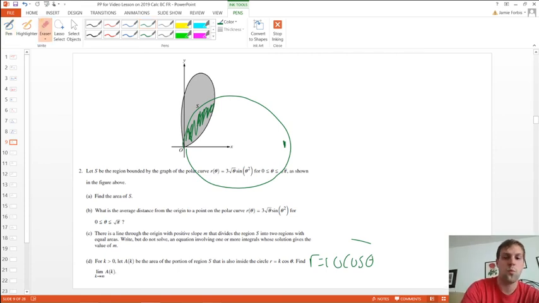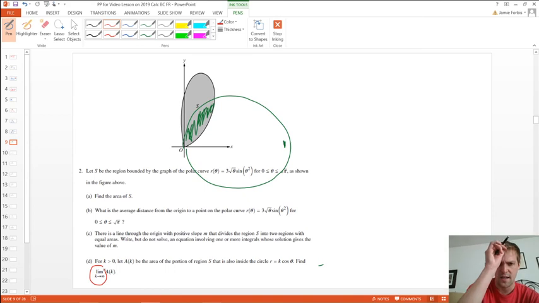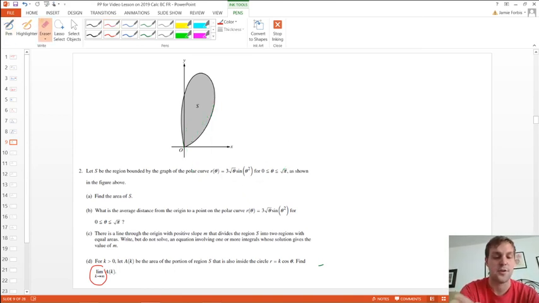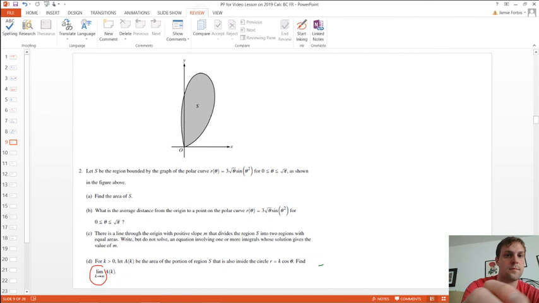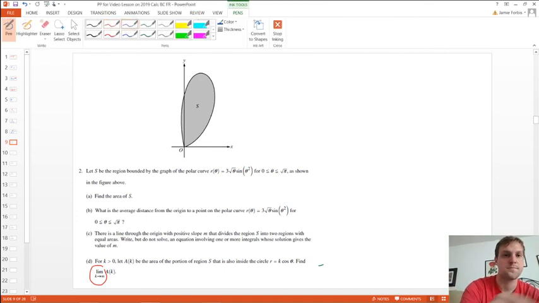Now, it wants me to find the limit as k approaches infinity of A of k. So it wants me to find the area when k is at infinity. That seems kind of weird, right?